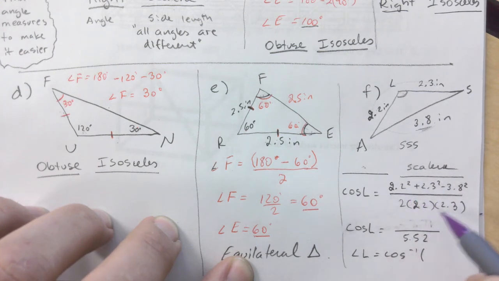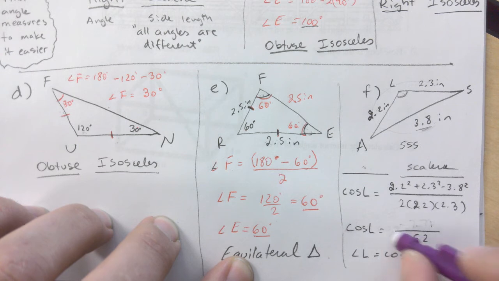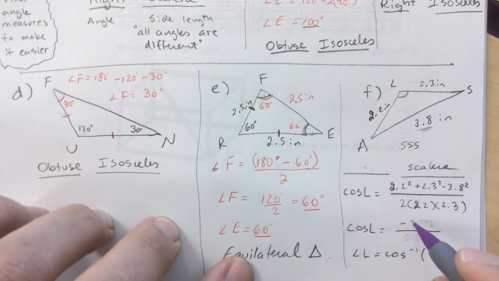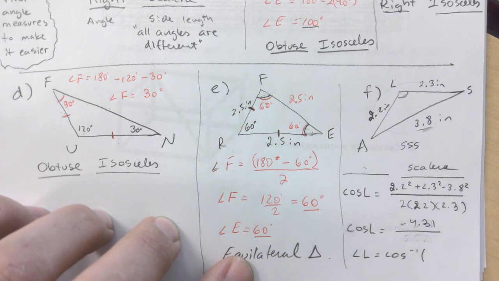So change all the 1.2s to 2.2s. And then you get this. That's more like it.